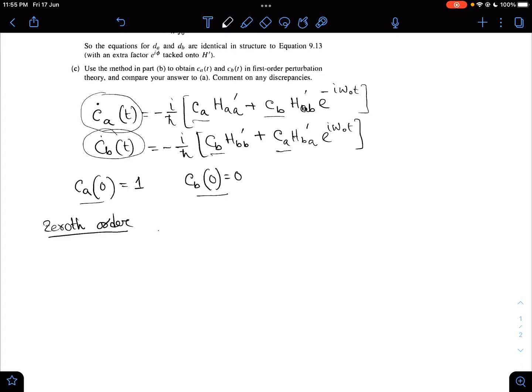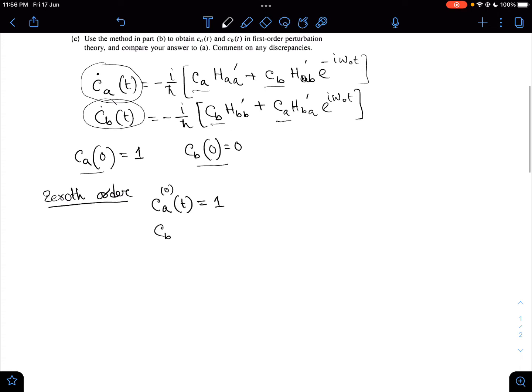So in zeroth order, c_A is 1 and c_B at any time is 0, because zeroth order means we don't have any perturbation, and if we don't have any perturbation, the system will remain in the state in which it was initially.